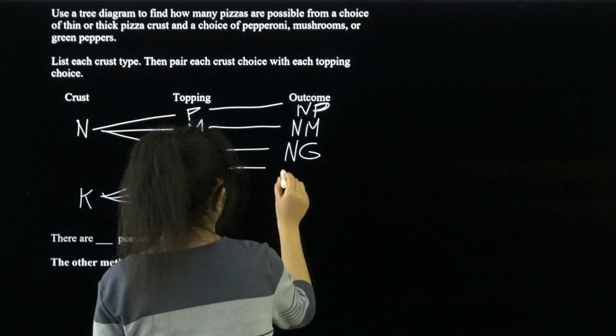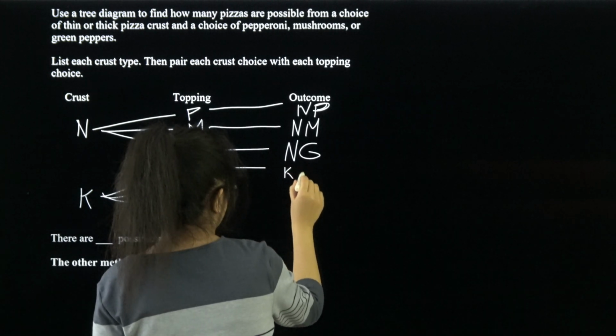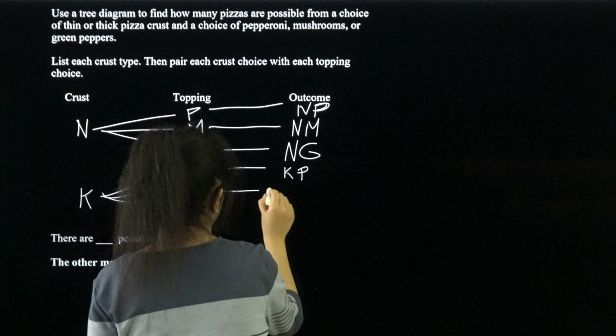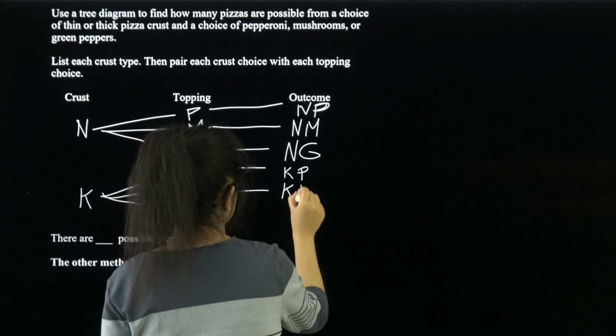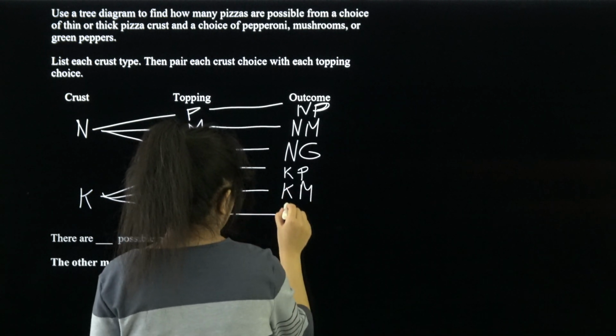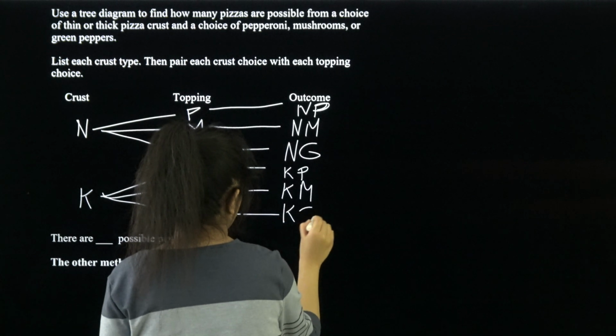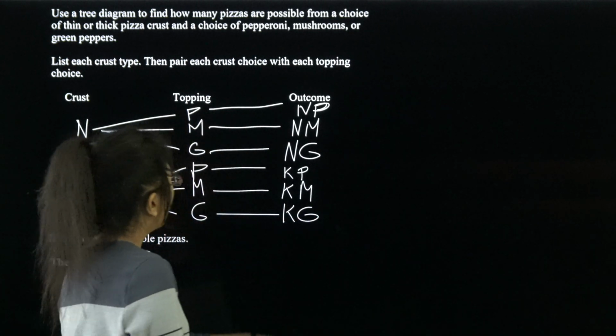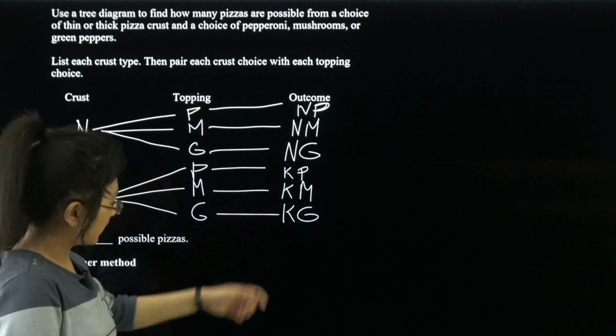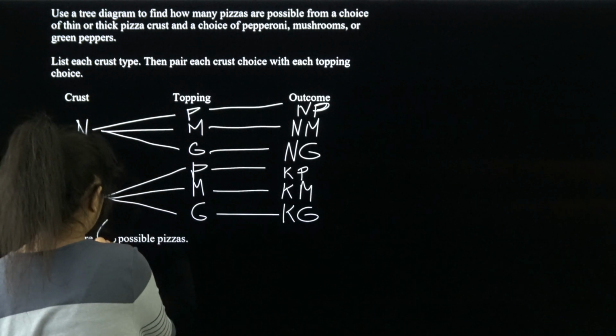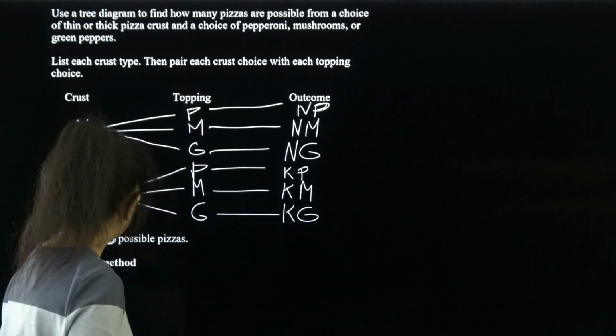And then there's thick crust pepperoni, thick crust mushroom, and thick crust green pepper. So 1, 2, 3, 4, 5, 6. There are 6 possible pizzas.